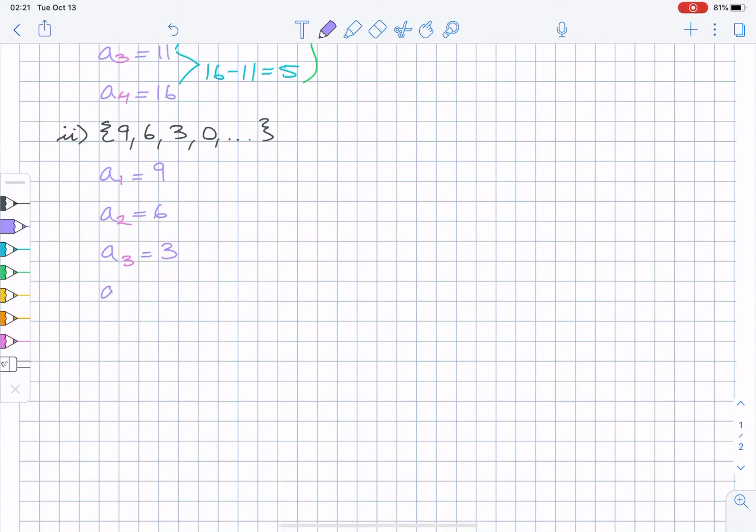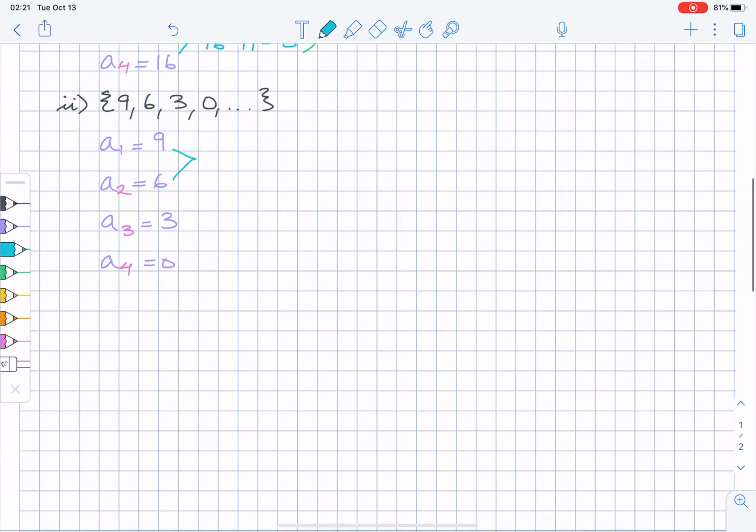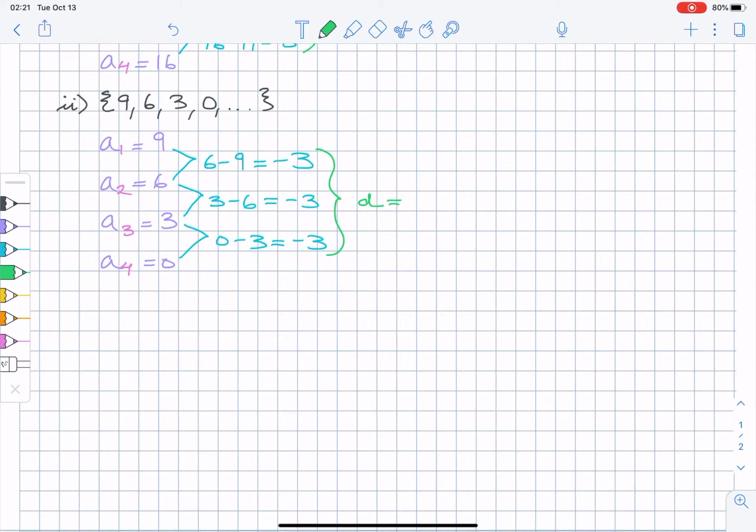A sub 4 is equal to 0. So what's the common difference? If I do 6 minus 9, I get negative 3. If I do 3 minus 6, I get negative 3. If I do 0 minus 3, I get negative 3. So I claim that the common difference d is negative 3. And the first term, of course, is 9.